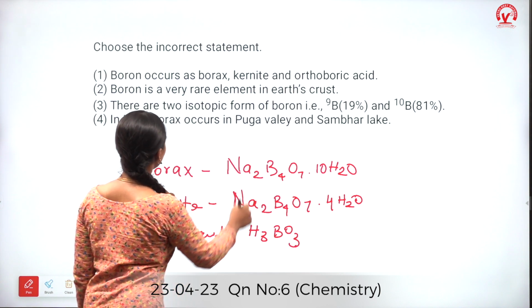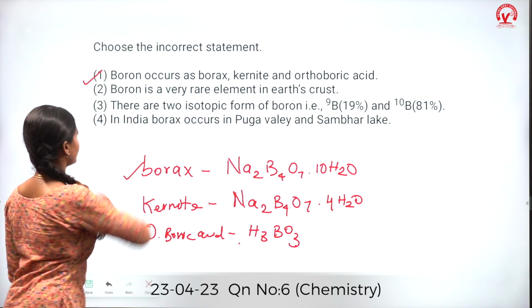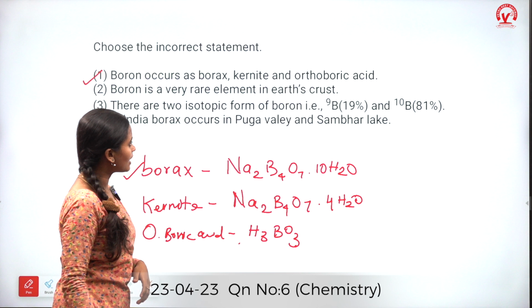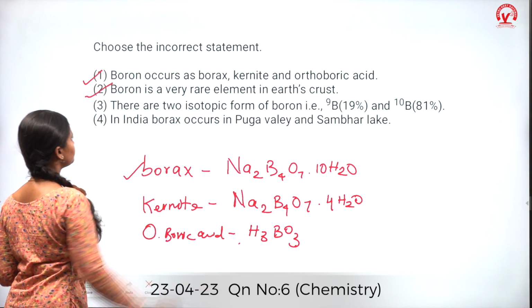So these three are boron minerals, and the first statement is correct. The second statement is that boron is a very rare element in the earth's crust. This statement is also correct.